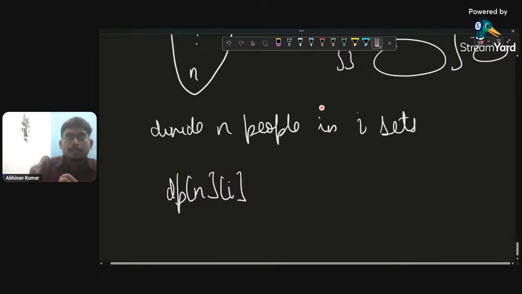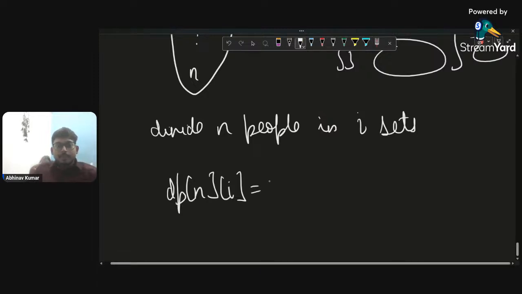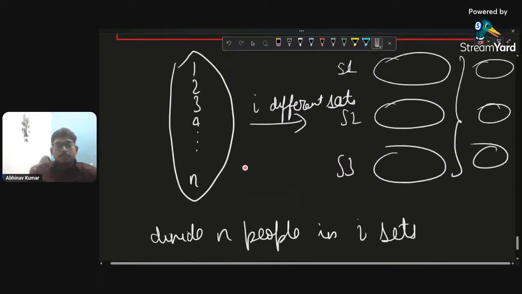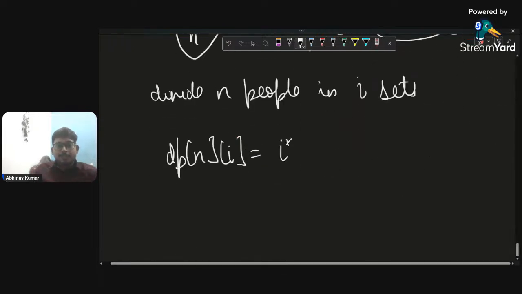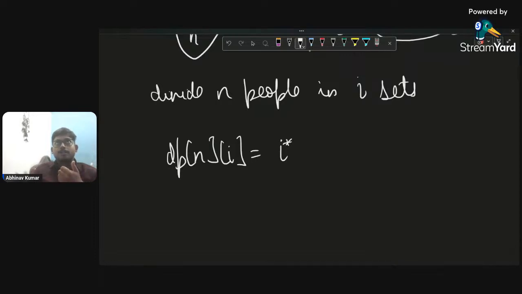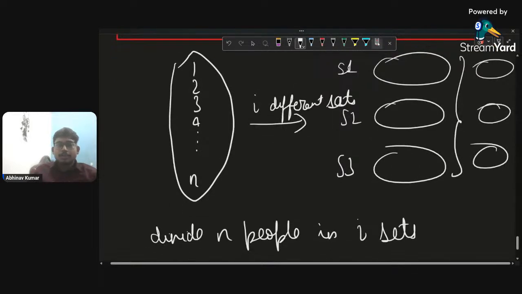So can we write a transition for this? There are n people. Let's say the first person can go in either set number 1, set number 2, or set number 3. There are I different places where the first person can go, so there would be I different ways in which the first person can be placed into any one of the sets.